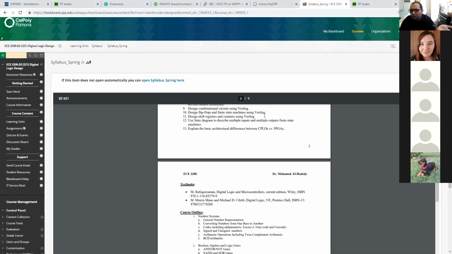It exists without me telling you that I invented it. One of the books is by one of the colleagues here at the ECE department, Dr. Rafiq Zaman, called Digital Logic and Microcontroller, the current edition of which you will find at Wiley. Or the one which I actually prefer, by Morris Mano, called Digital Logic. By the way, you can find a PDF of this book on the internet.